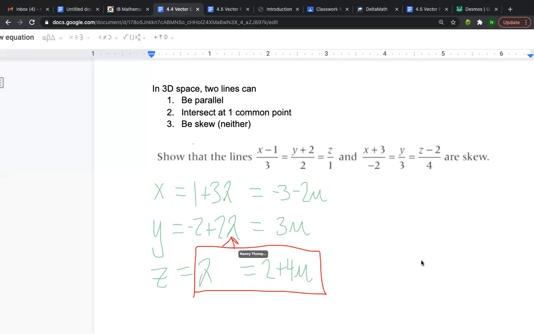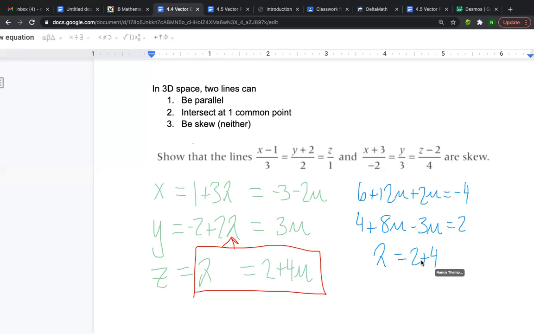So now if I break each of these down, I end up getting, I'll do a couple in between steps, I guess. 6 plus 12 mu plus 2 mu equals -4. 4 plus 8 mu minus 3 mu equals 2, and lambda equals 2 plus 4 mu.